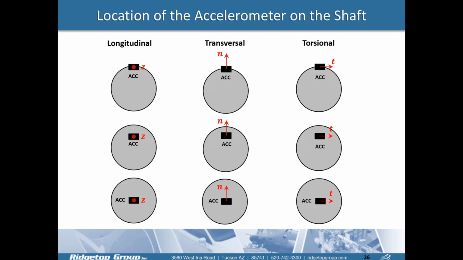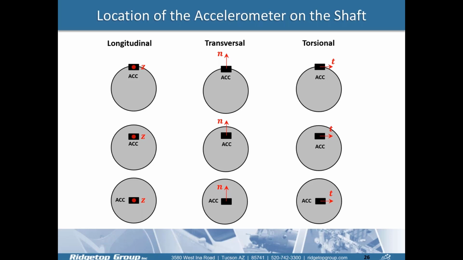I'm not providing all the data that I collected for all these 9 cases multiplied by 3 different faults that we have, but the result was that we didn't have good data from the longitudinal, and we had the best result for the transversal and torsional for each one of them when the accelerometer is mounted on the perimeter, as we expected from the theoretical analysis.